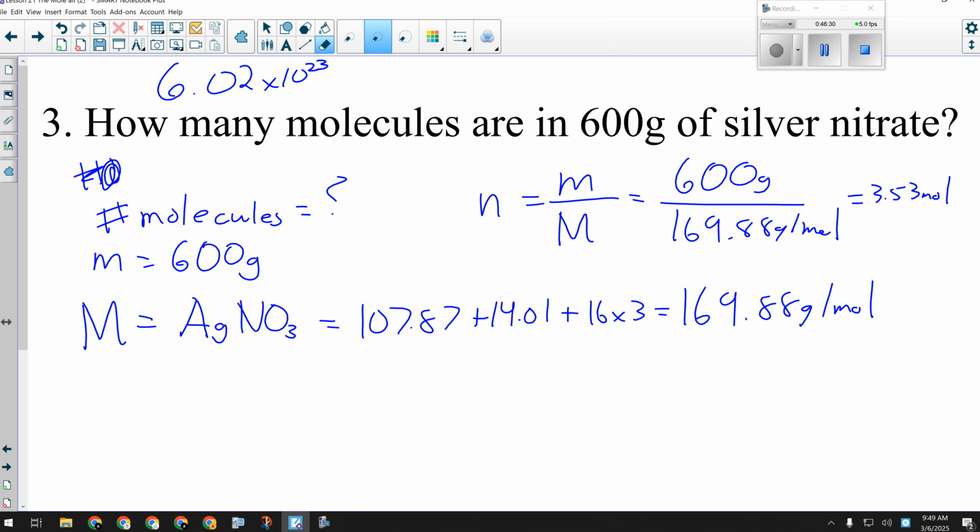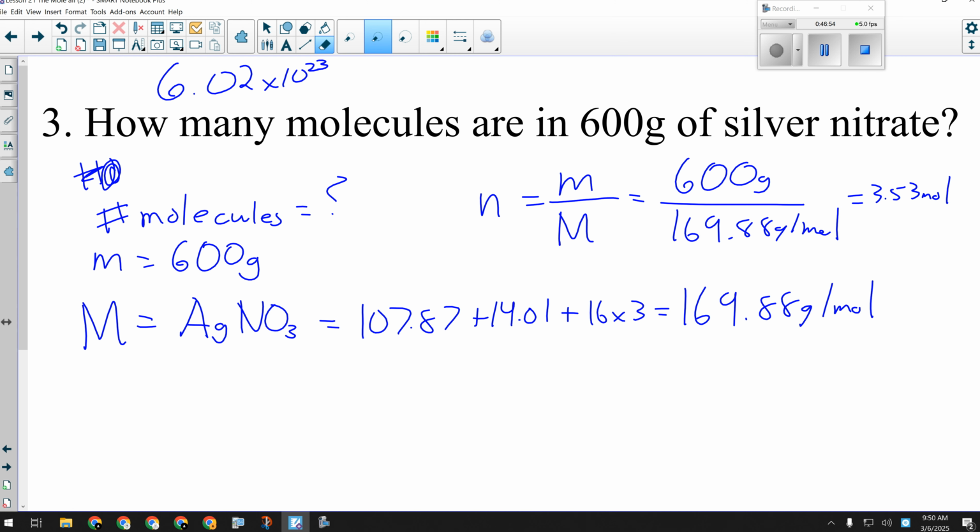Let me ask it a different way. I have 3 dozen donuts. How many donuts do I have? 3 times 12, which is how many? 36. Now let me ask you again. I have 3.53 moles of silver nitrate. This is the number of molecules in 1 mole.